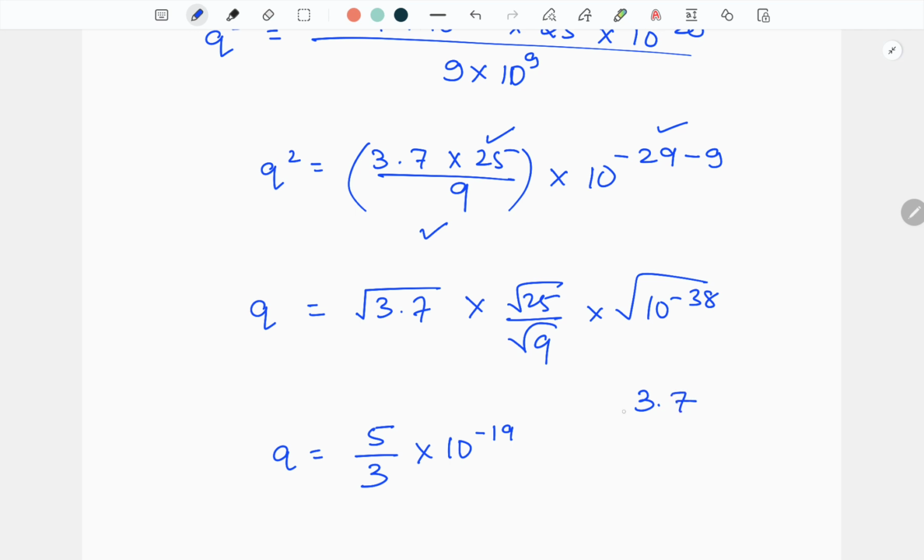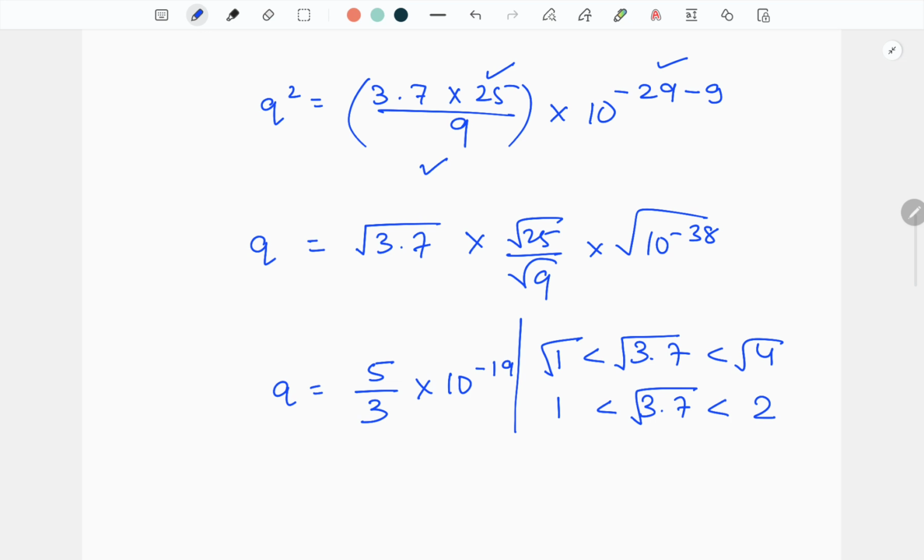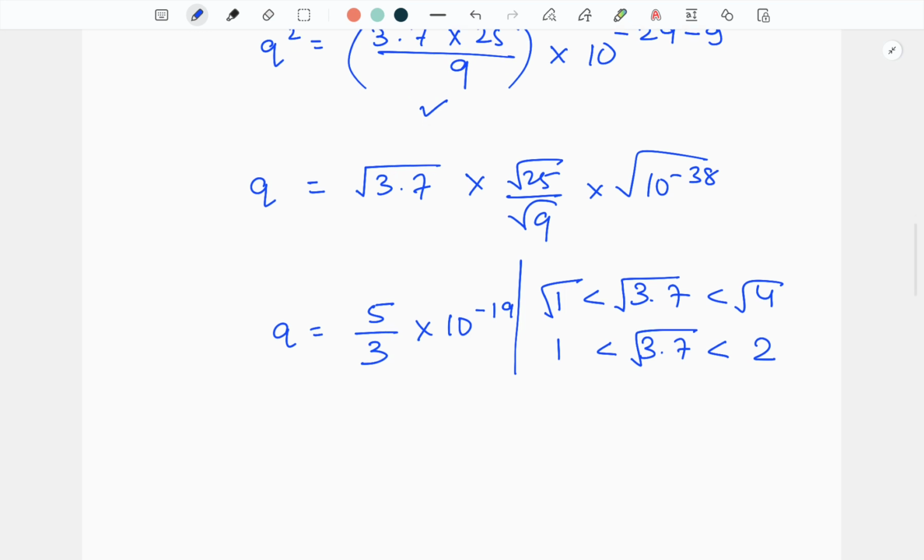Now as you know, square root of 3.7 lies between square root of 4 and 1. 3.7 lies between 4 and 1, so their square roots also lie between them, so the value will be somewhere between 1 and 2. So let me take a rough value of 1.5.